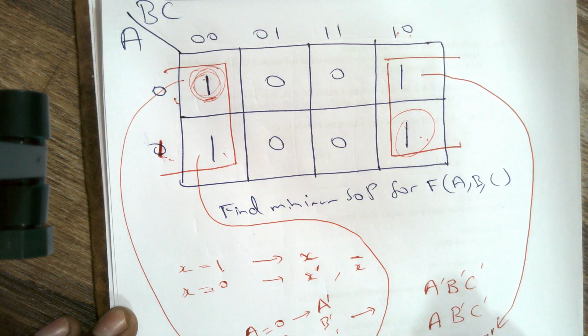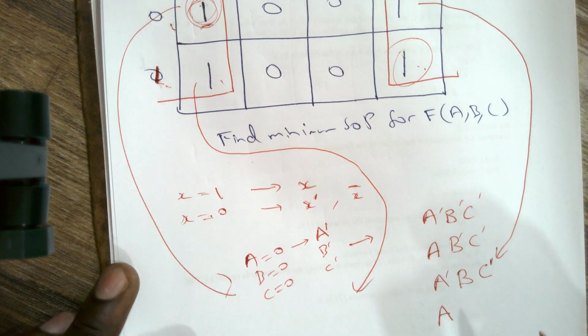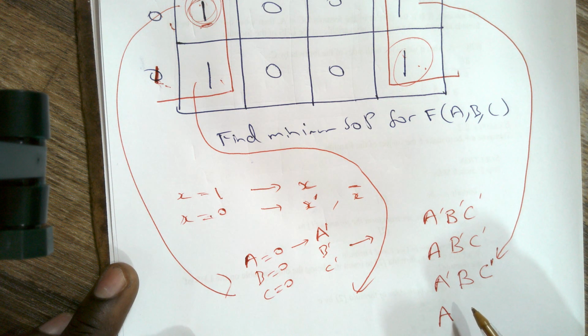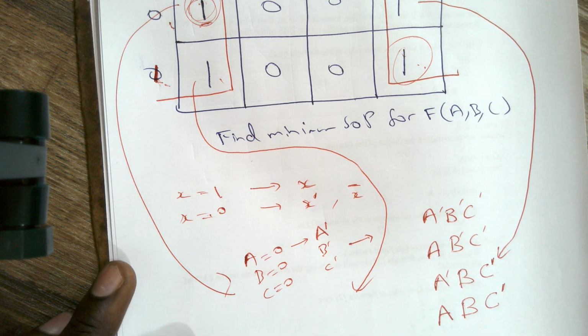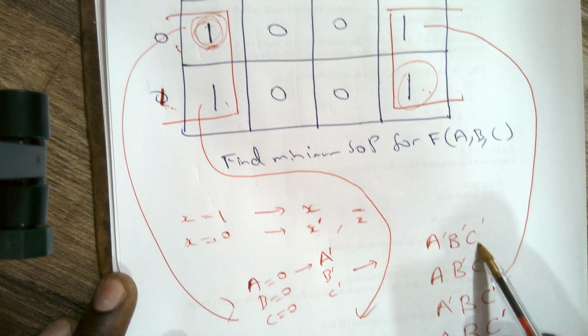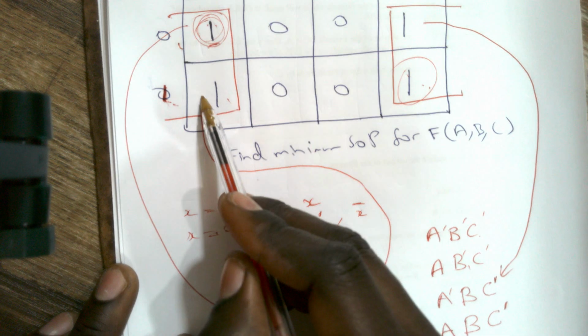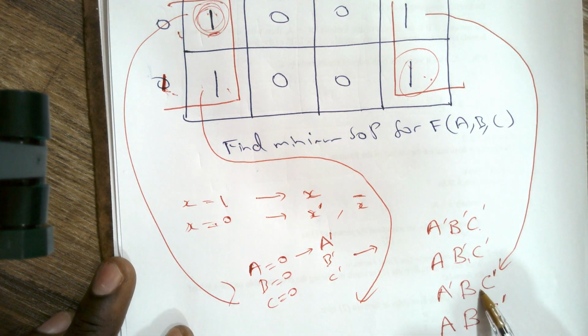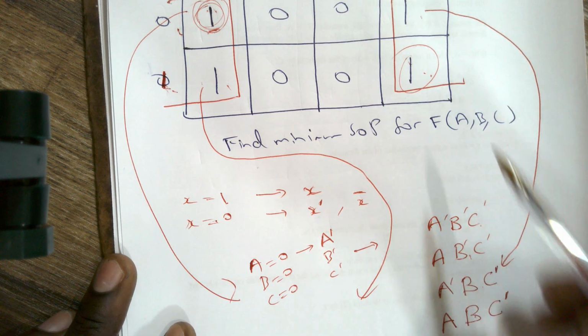So that expression is A, B, and C prime. So this expression corresponds to this one here, this expression corresponds to this one, this expression corresponds to this one, and this expression corresponds to this one.